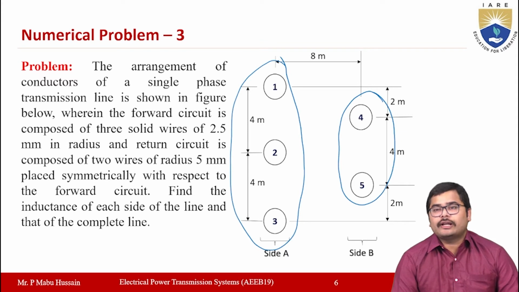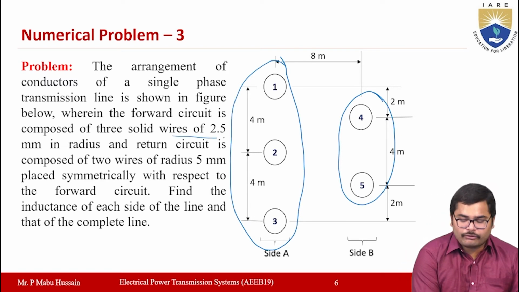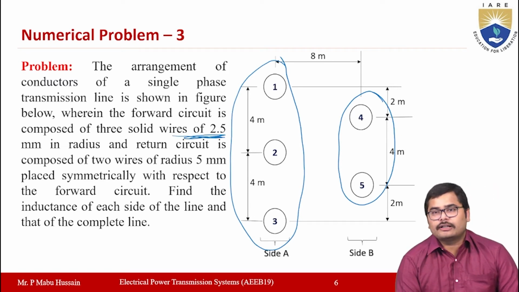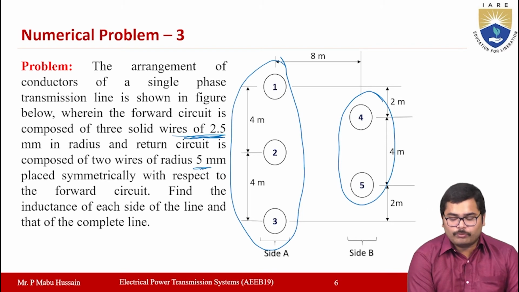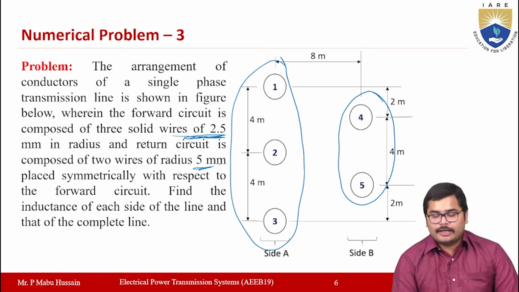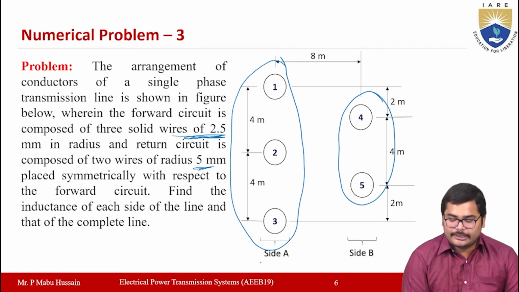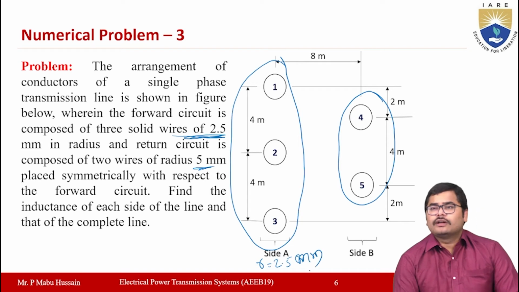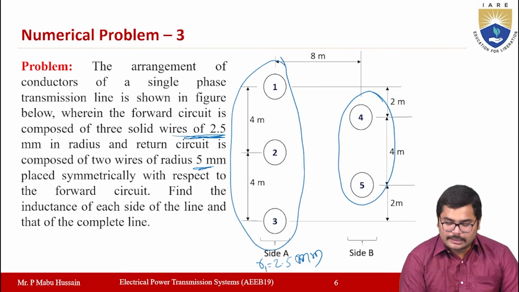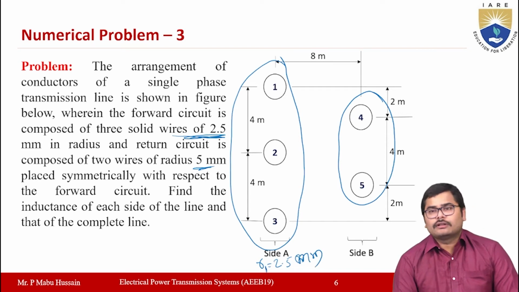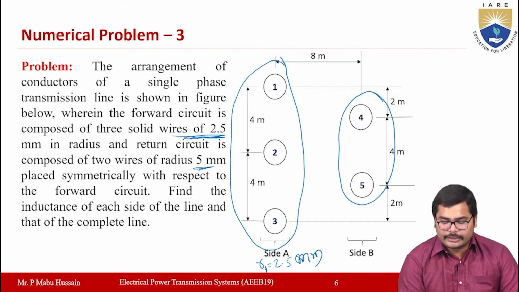So in one phase you are having three subconductors, in another phase two subconductors. Also, the radius of the subconductors is different in both the circuits. Here in side A, the radius is 2.5 mm, so you can take it as RA.